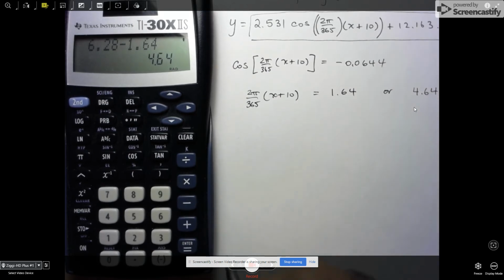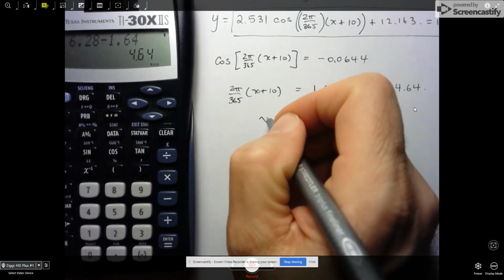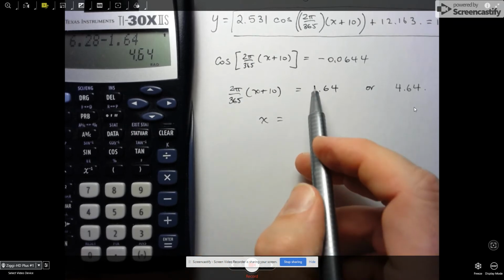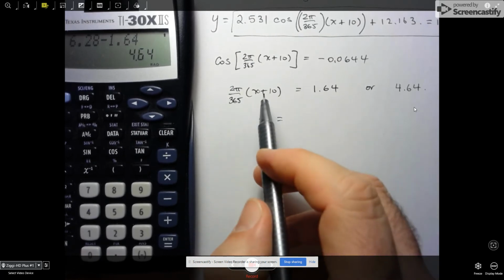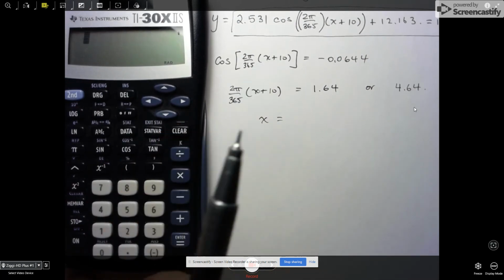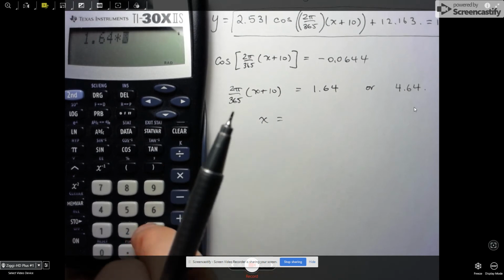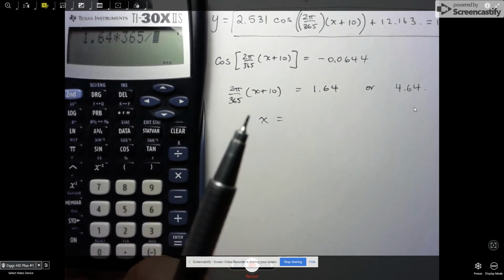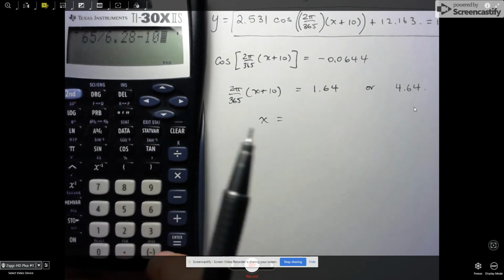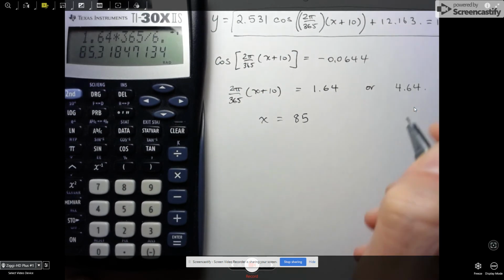All right, so now we've done step 2. Step 3 is to isolate for x. So x is equal to, I'm just going to be multiplying by 365, dividing by 2 pi, and subtracting 10. So we have 1.64 times 365 divided by 2 pi, which is 6.28, and then minus 10, and we end up with 85.